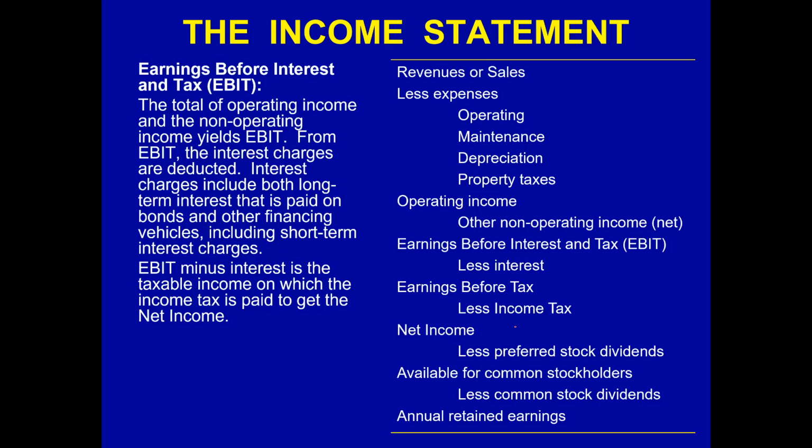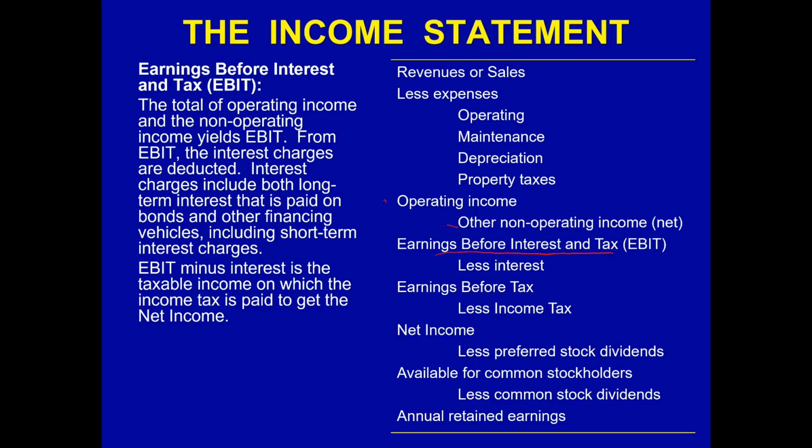Then we have the earnings before interest and tax, EBIT. The total of operating income and the non-operating income yields earnings before interest and tax. So the operating income plus this other non-operating income, we get the earnings before interest and tax, EBIT.